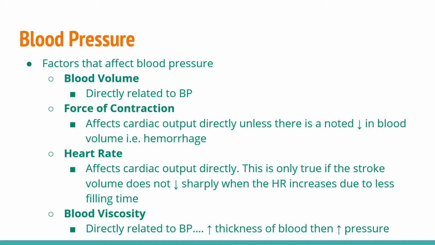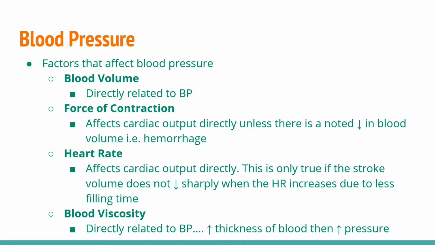Remember that the stroke volume is the volume of blood that's ejected during each contraction, okay? And your cardiac output is the total volume of blood ejected from your ventricles per minute. We determine that by stroke volume times heart rate equals cardiac output.